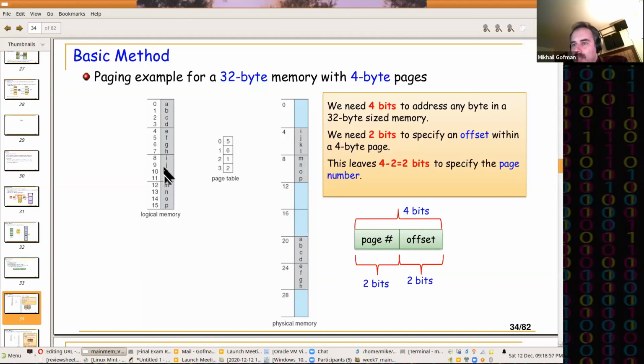Now, if the process says that I want to access, for example, address number 10, we can very easily, just by looking at this, conclude that address number 10 falls on virtual page 2, right, 0, 1, 2, and at the offset of 2, because 0, 1, 2, okay? So that's basically the idea.